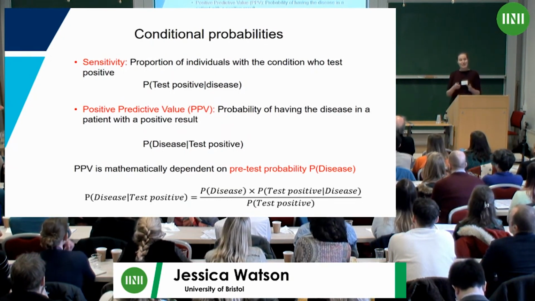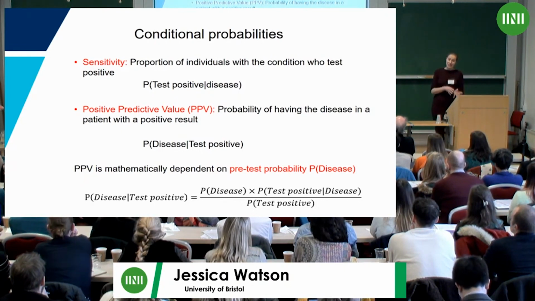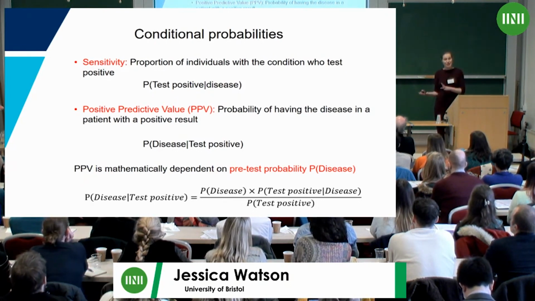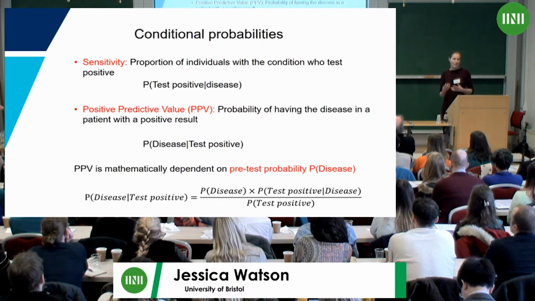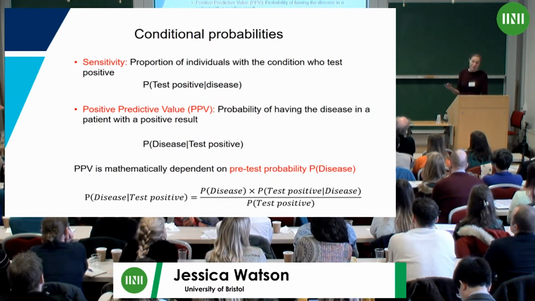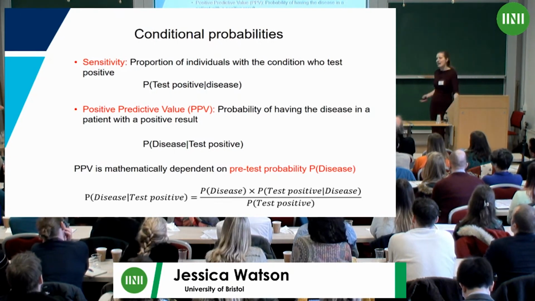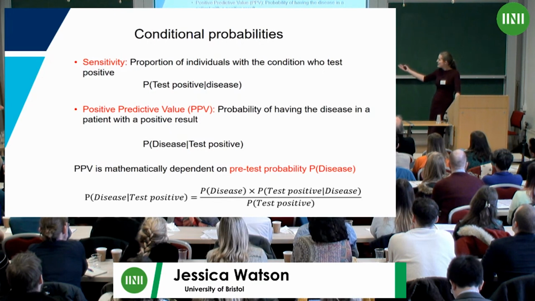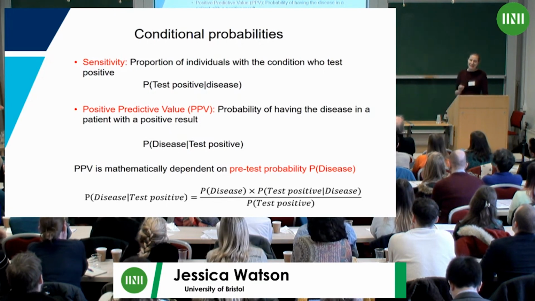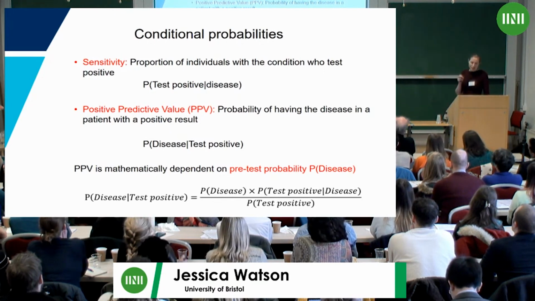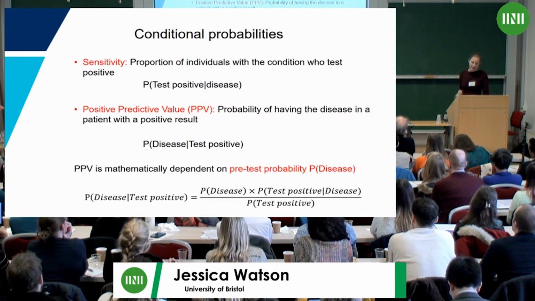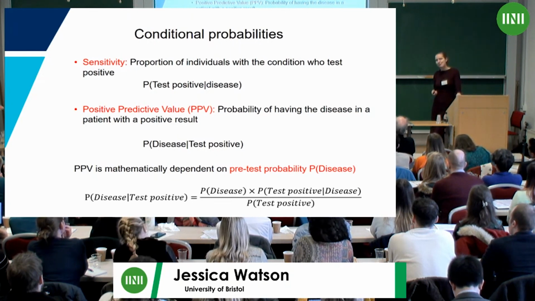Sensitivity tells us the proportion of individuals with the condition who test positive, but what we want to know for Mary is her probability of having the disease given her positive test result. This was looked at by Thomas Bayes, and here's Bayes' theorem. But the key thing is that to calculate this positive predictive value, or PPV, what we need is the pre-test probability.